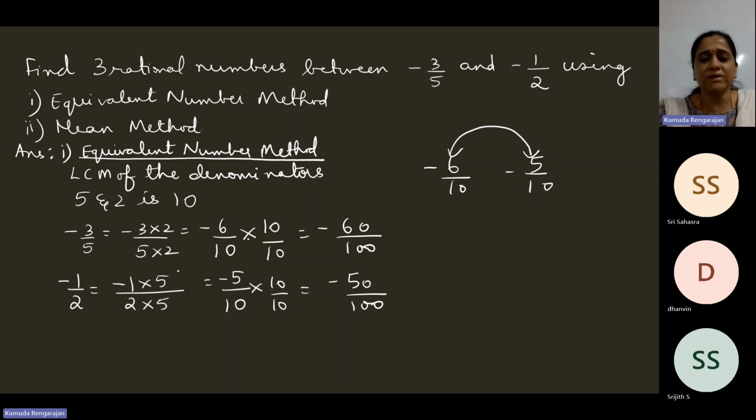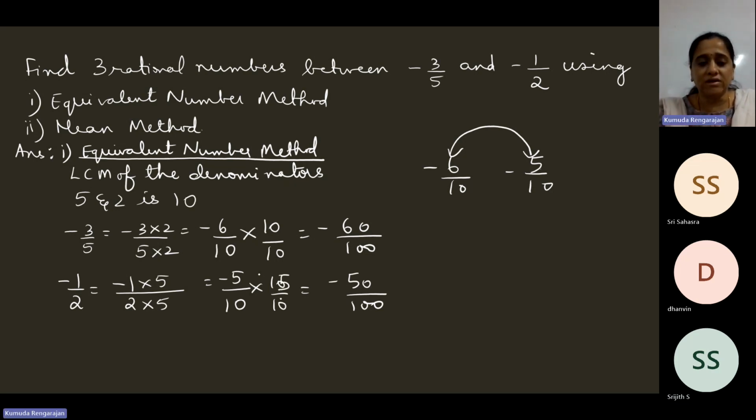So I have multiplied both the numerator and the denominator by 10 in both the numbers. The denominator should not change. They should have the same denominator. Any denominator, but the same denominator. If the denominator changes, then it's difficult to insert. So first you bring them to the same denominator using LCM. After that, you should maintain the same denominator, meaning if you multiply this one by 10, the next one also you should multiply by 10.